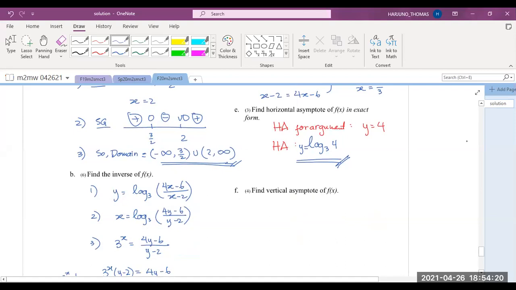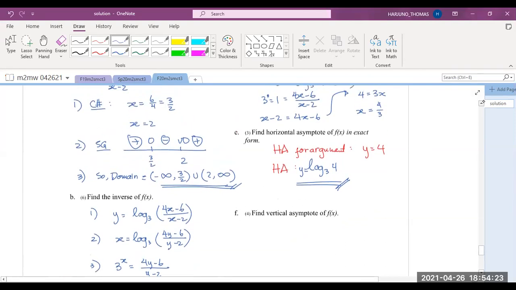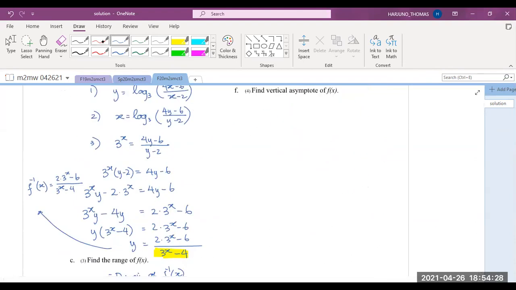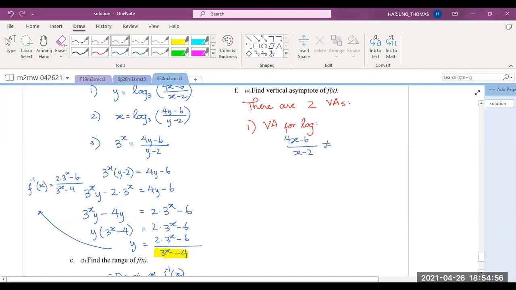How about the vertical asymptote of f(x)? You will see there are actually two vertical asymptotes, not only one. The first one comes from the vertical asymptote for log. That is, (4x minus 6) over (x minus 2) cannot be 0.